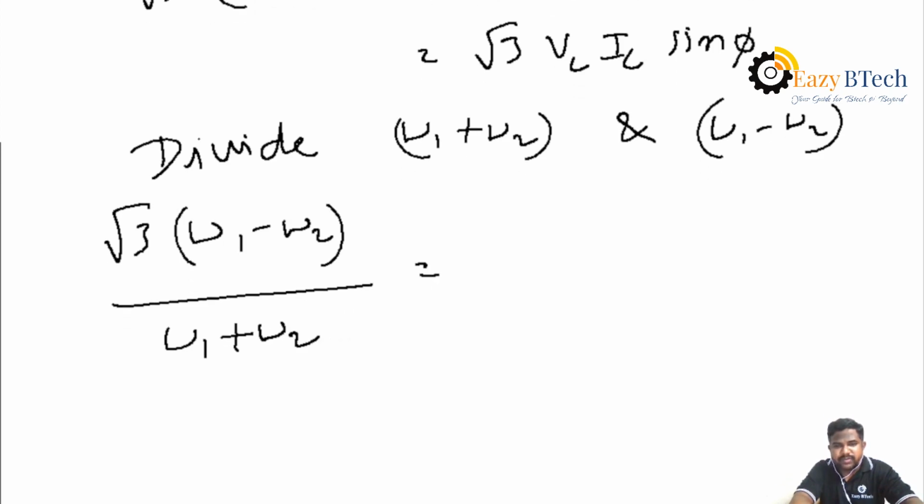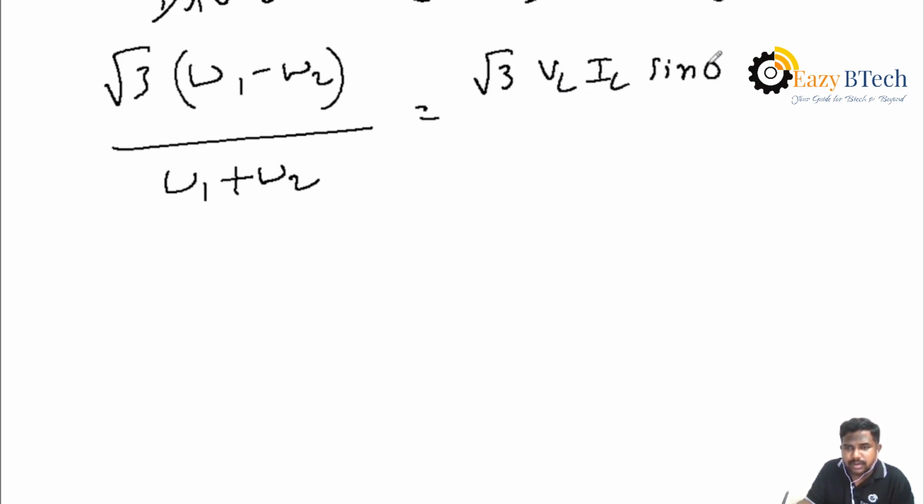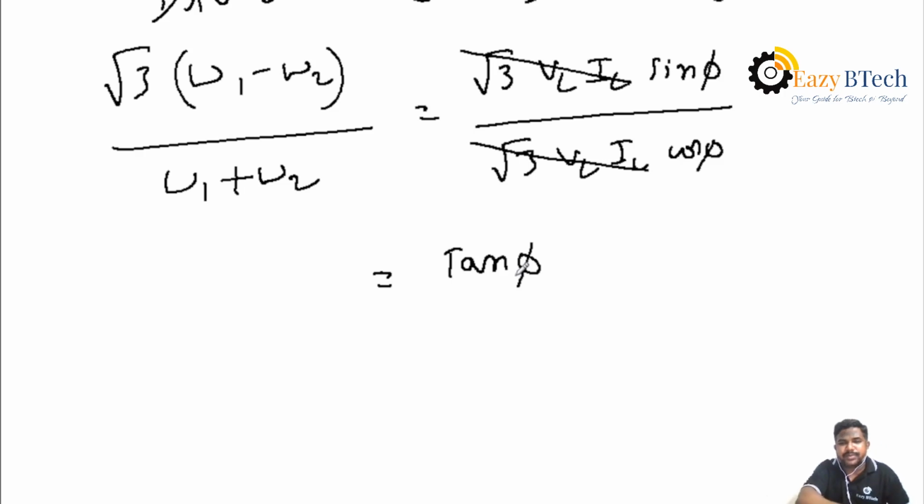Take the division between the two equations, that is the second equation by the first equation. What is the difference equation? We will get root 3 VL IL sin 5. What is the equation for addition? Root 3 VL IL cos 5. Then root 3 VL IL cancels, sin 5 by cos 5. Then we will get tan 5.